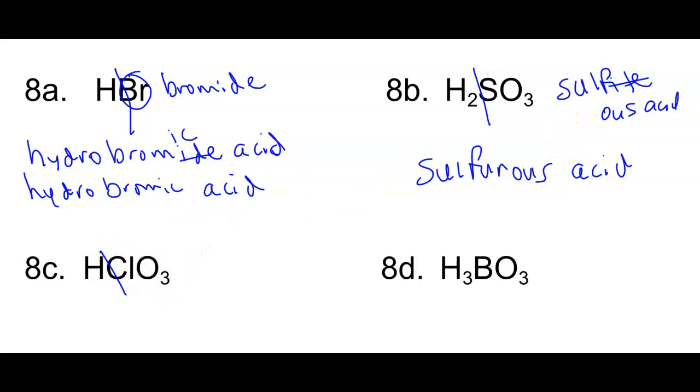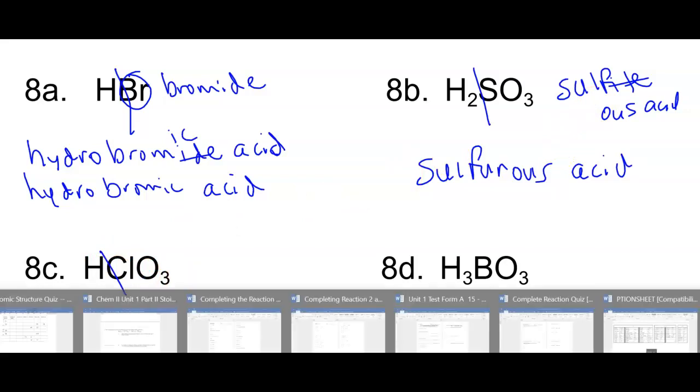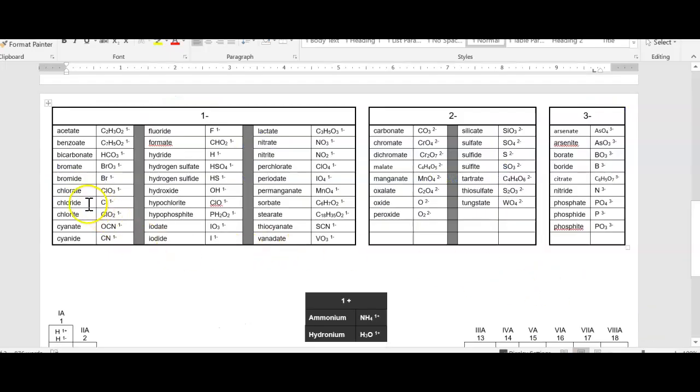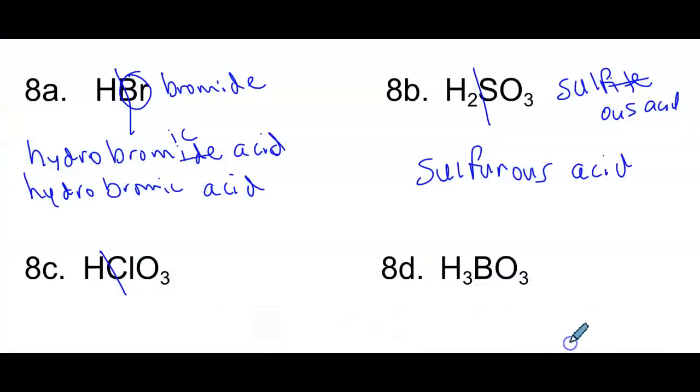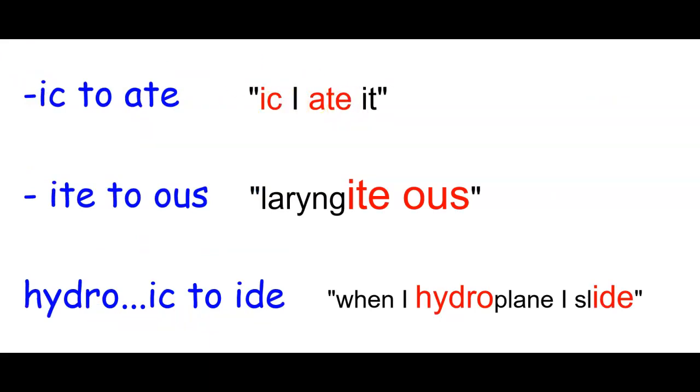Split this here. Look up ClO3 on my ion sheet. I see that ClO3 is chlorate. So I'm going to write that just to help you think about it. We're going to get rid of the ate and call it chloric acid. Think about ate to ic. Ate to ic is what we did there.